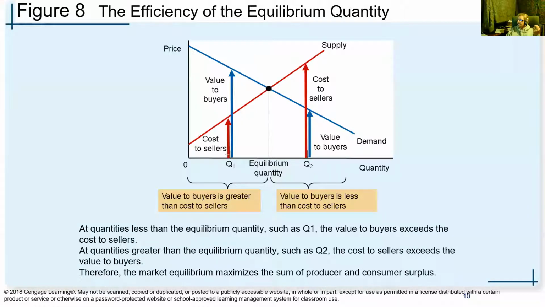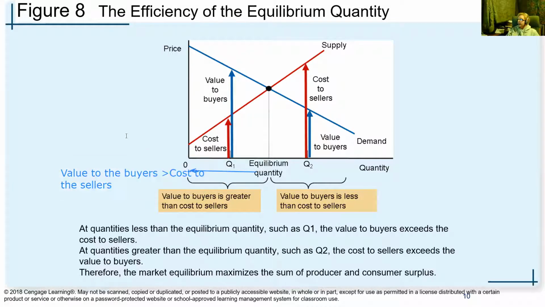Okay, so this first red arrow that you see here, notice at any quantity that is less than equilibrium, so any quantity from zero up to equilibrium, the value to the buyers is greater than the cost to the sellers.